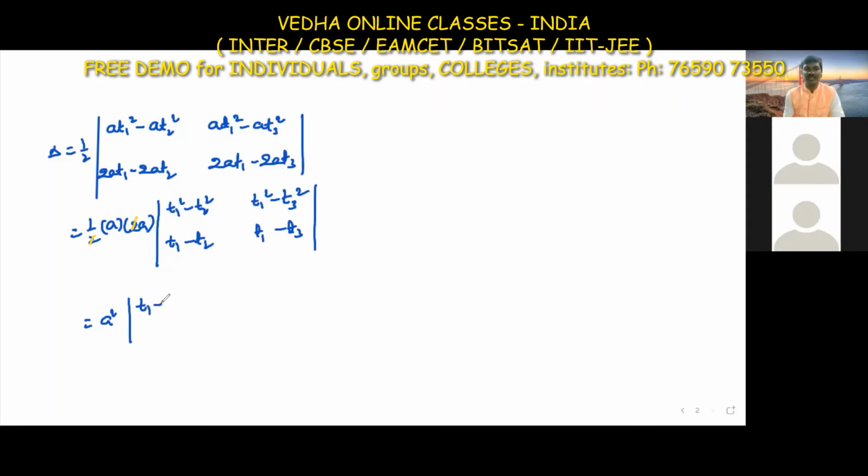That means (t1 plus t2)(t1 minus t2), and (t1 plus t3)(t1 minus t3), with t1 minus t2 and t1 minus t3 unchanged in the second row.